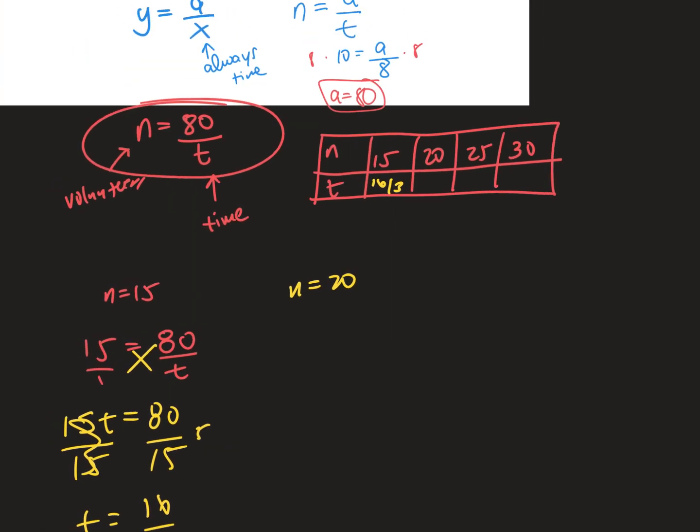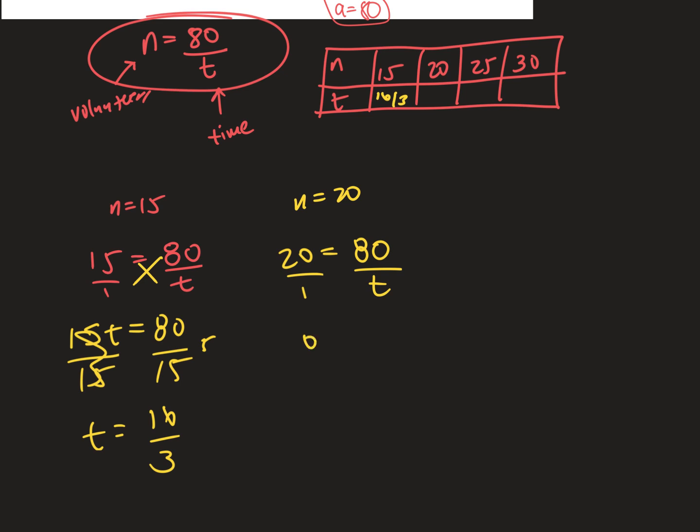So when I plug in 20, I have 20 equals 80 over t. Fraction equal to a fraction, so we cross multiply. Divide both sides by 20. How many hours is it going to take? T equals 4 hours.